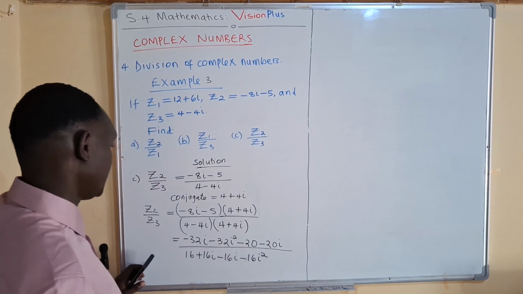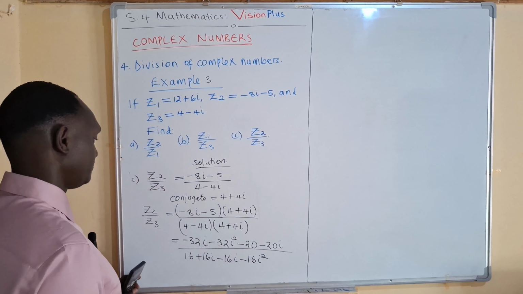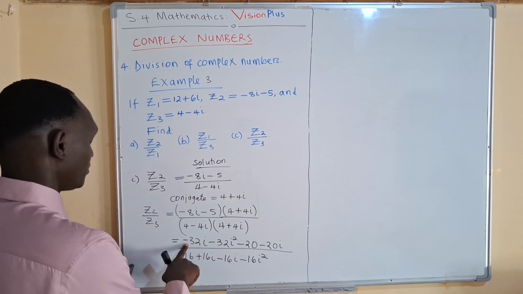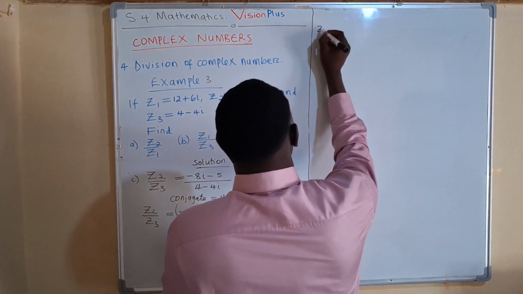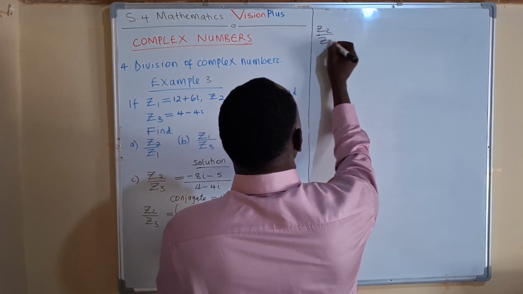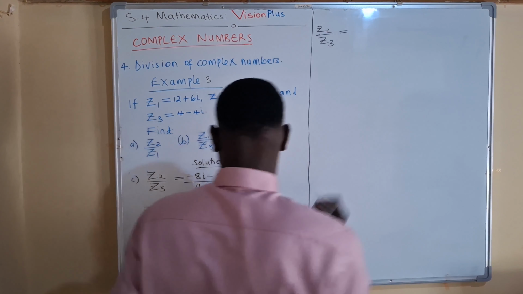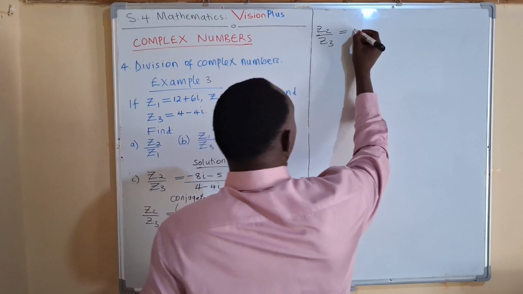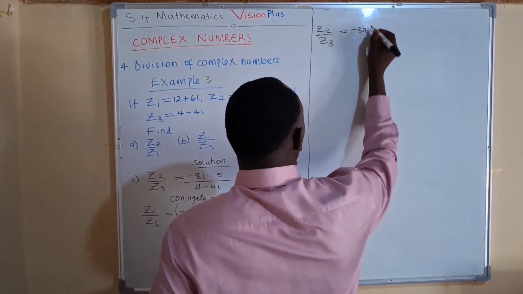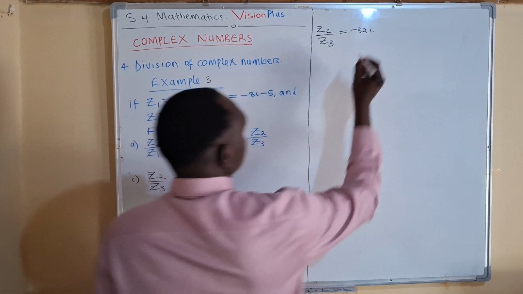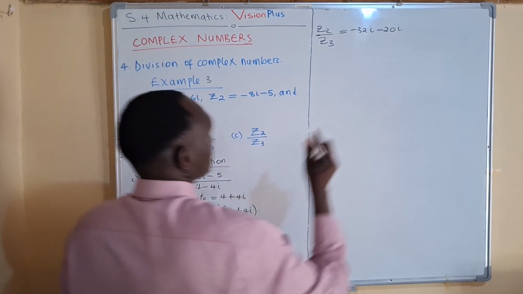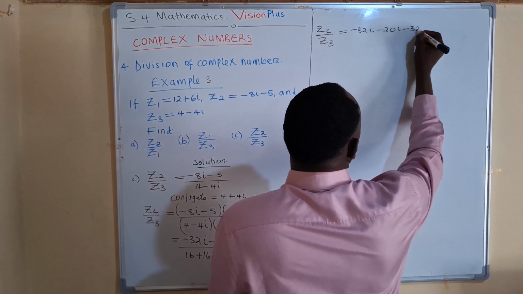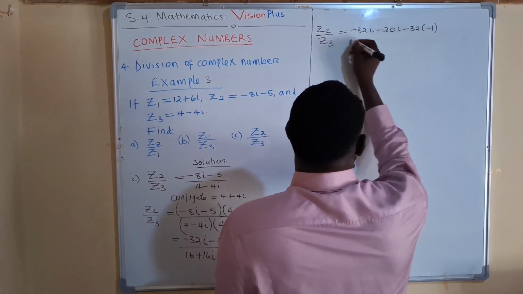And then we simplify. On the numerator here, Z2 out of Z3 equals negative 32i, the like terms, minus 20i, and then minus 32i squared, but i squared is negative 1.